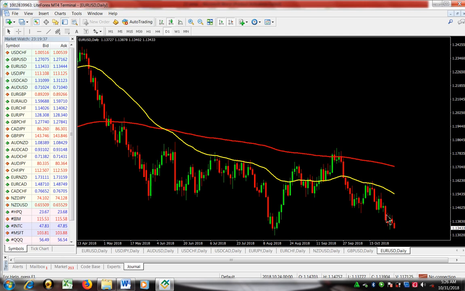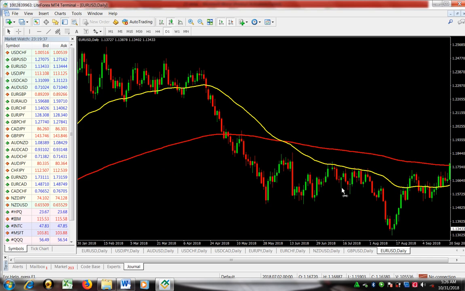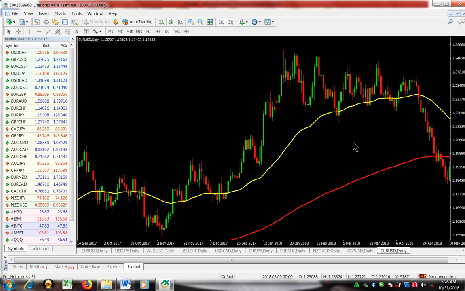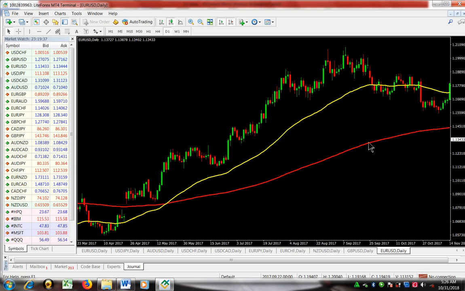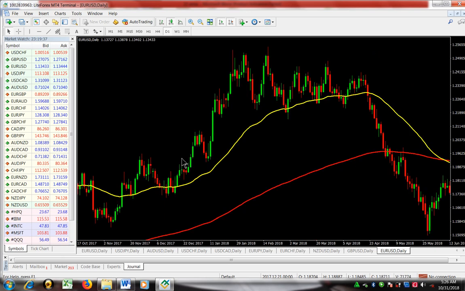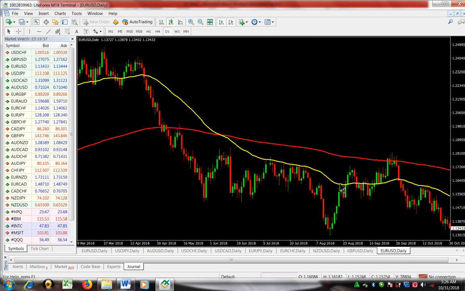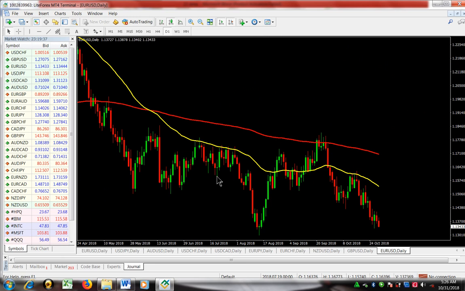And we say the trend is bullish, that is the trend is upward. I mean, we are in an uptrend if price is moving above the red, that is above the 200 moving average. So that is what we use the 200 moving average for, to detect the direction of the trend.